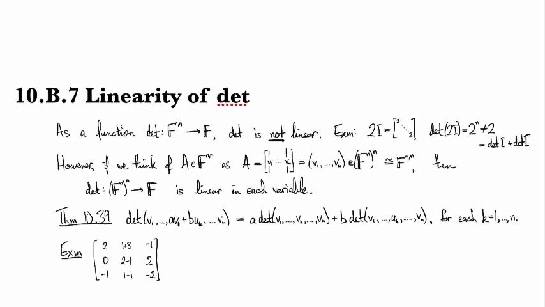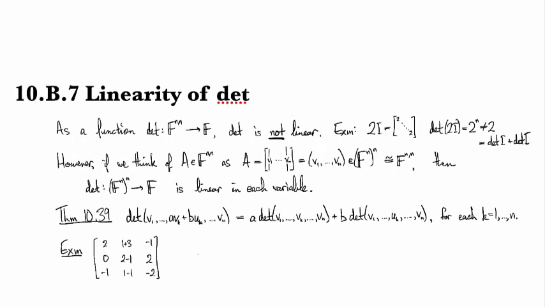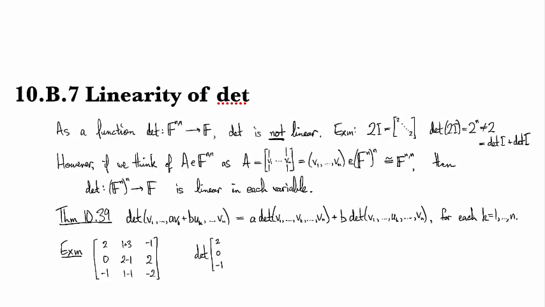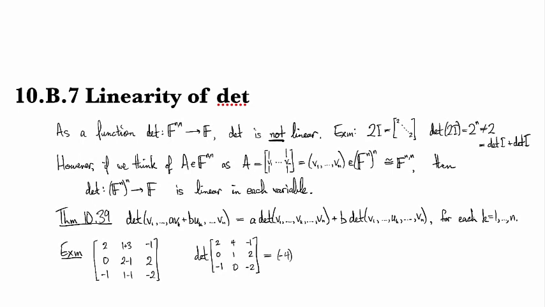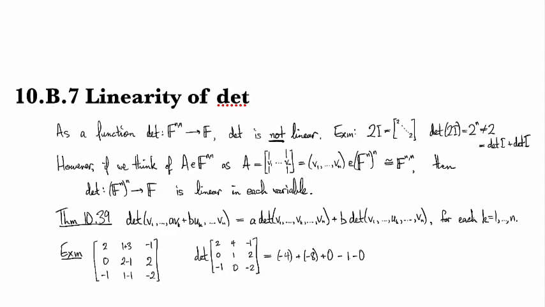On the one hand, if the middle entries are added together, the first column is 2, 0, minus 1, then the middle numbers are 4, 1, 0, and the third column is minus 1, 2, minus 2. So this is going to give us minus 4 and minus 8 and a plus 0, and then a minus 1 and a minus 0 and a minus 0, which will be a grand total of negative 13.